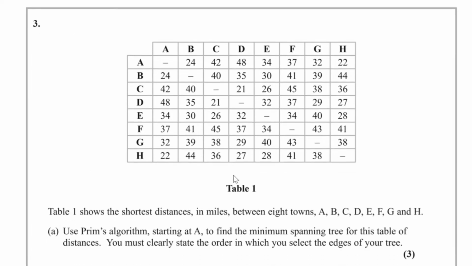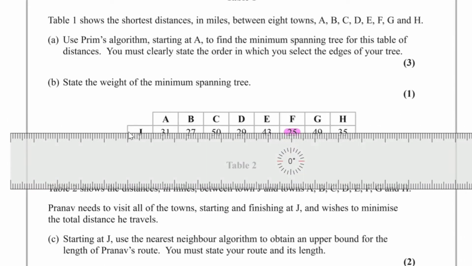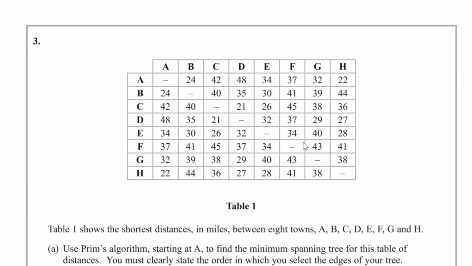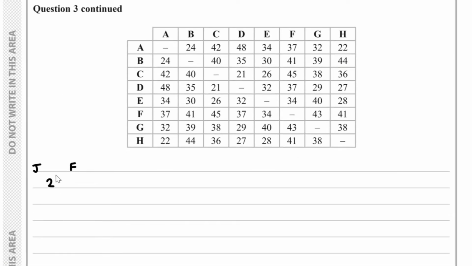Now, we are told in the question we start at J. And if we start at J, the smallest entry will take us to F. So, if we delete this row, then what we have done here is start at J and then gone to F. That has a weight of 25. So we write down 25 here.